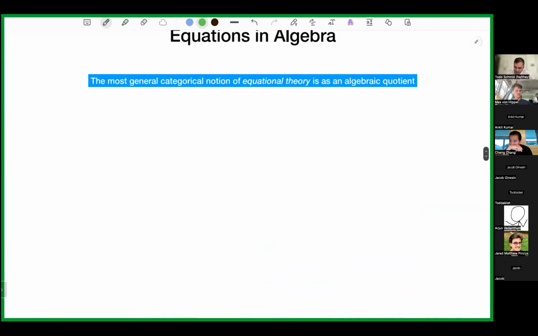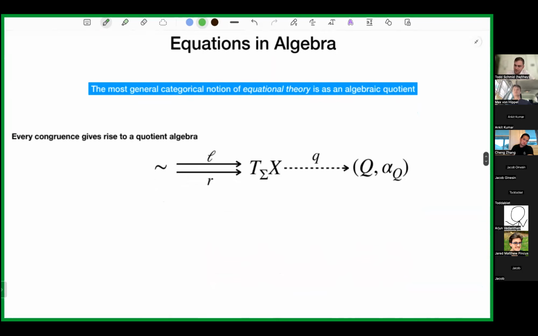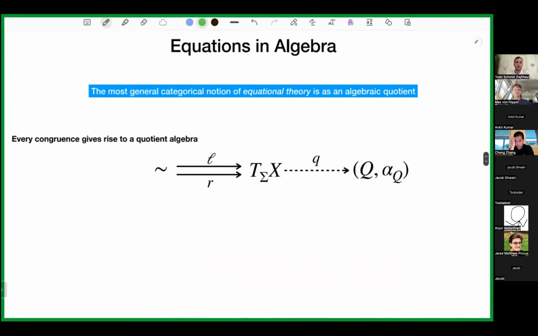Doing this, we get a very general notion of equational theory and satisfaction of an equational theory. Because every congruence, so if I start with a congruence here, an equivalence which is closed under the algebraic constructions.